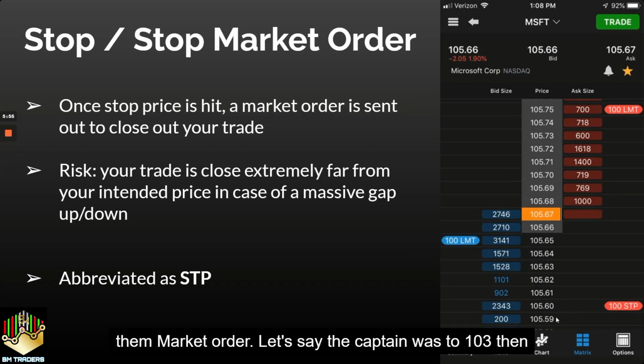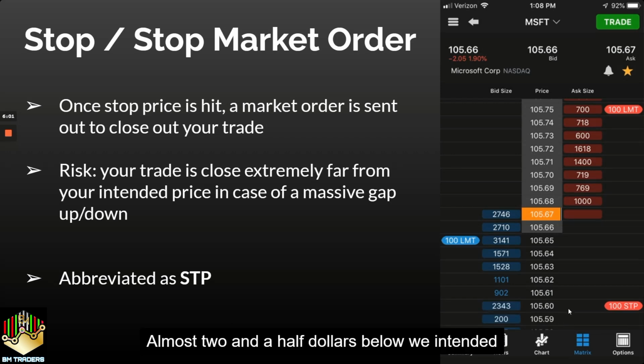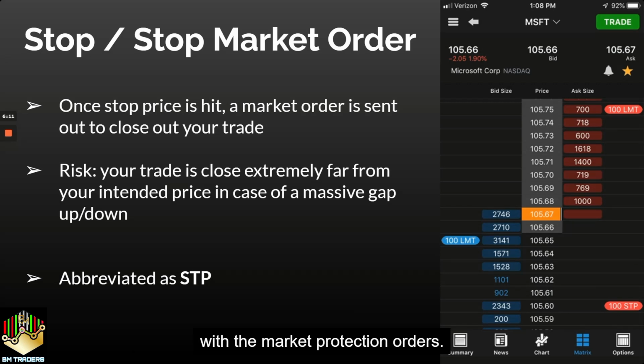Let's say the gap down was to 103. Then we end up closing our long position almost $2.50 below we intended to. So that's the risk with stop market orders. And there's a way to avoid this risk, which we'll discuss with the market protection orders. A stop market order is abbreviated as STP.